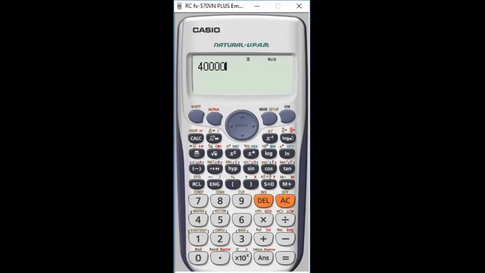since we are going to calculate the future value, we will be putting the values after the equal sign. So starting with 4,000, then bracket open, then clicking on the numerator and denominator button, again bracket open, 1 plus.